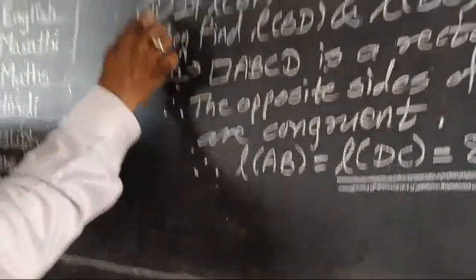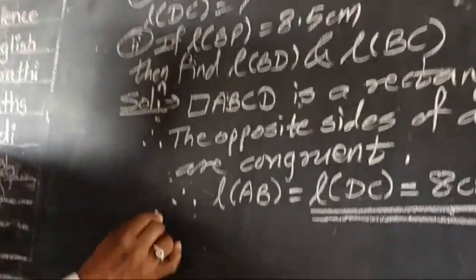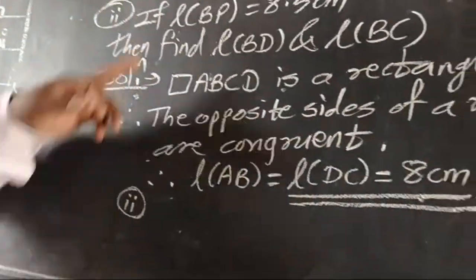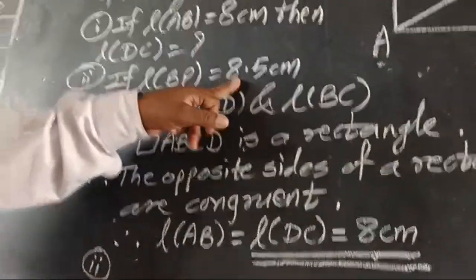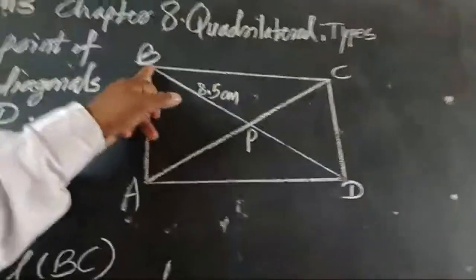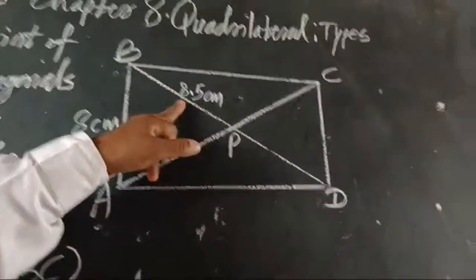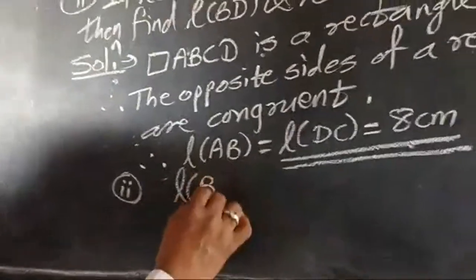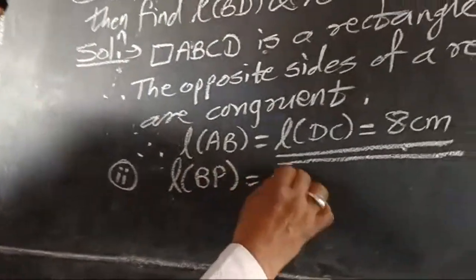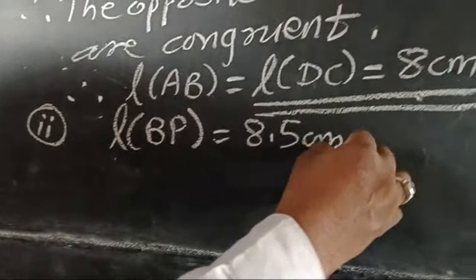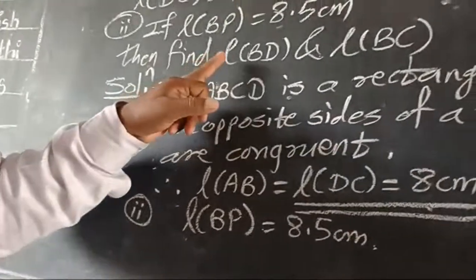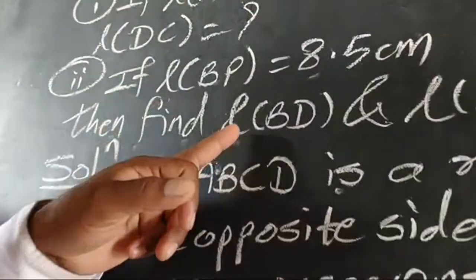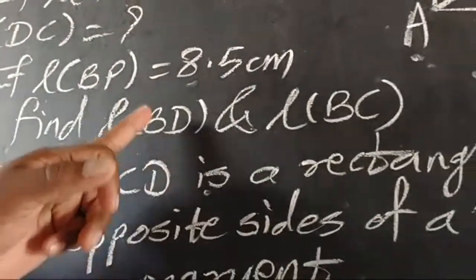Then we solve the second question. Length BP is equal to 8.5 centimeter. We write here length BP is equal to 8.5 centimeter. Then find length BD.